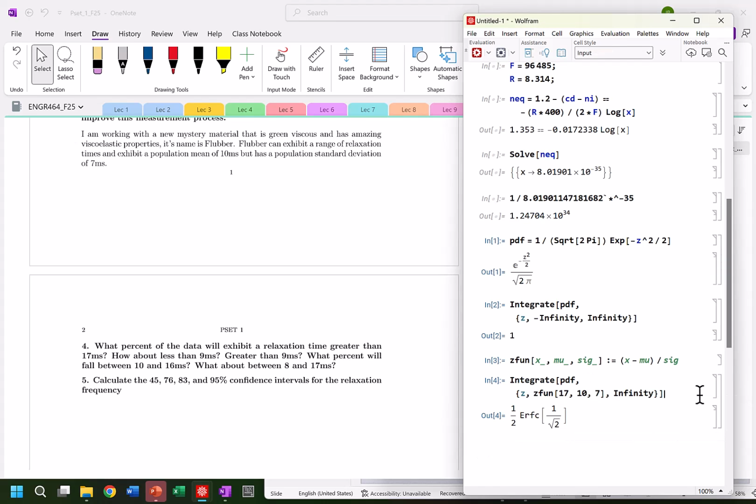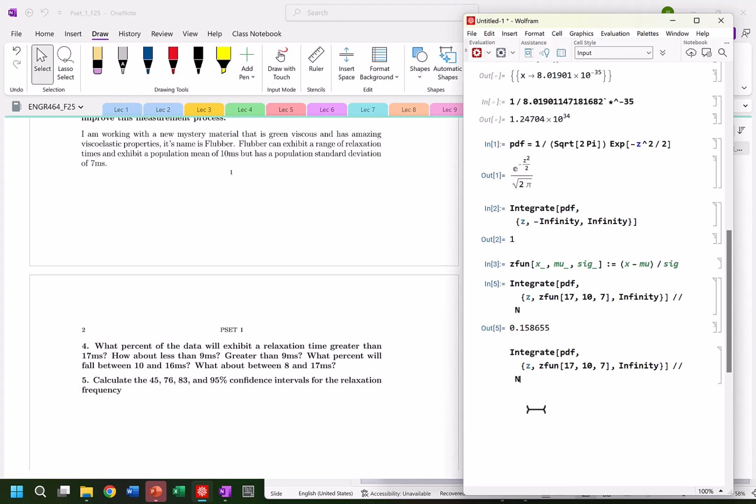Multiply by 100, and that will be the percentage value. Excellent. What about the next one? How about less than 9? I need to go from minus infinity to 9, and that'll be that value.